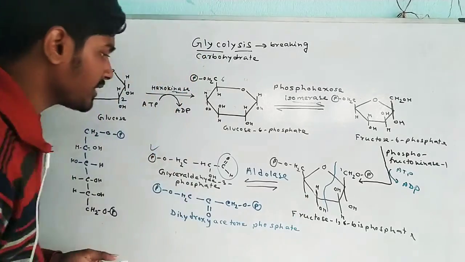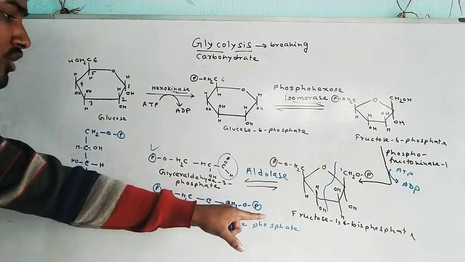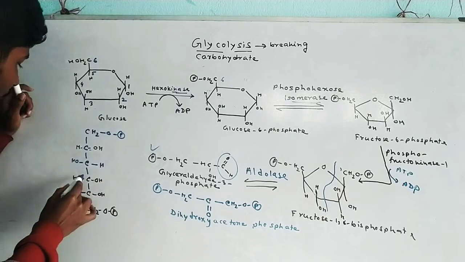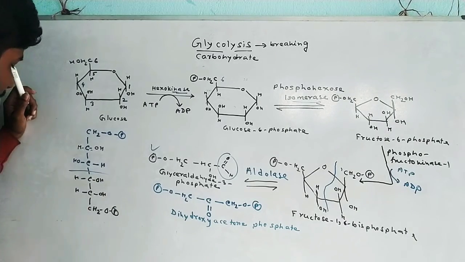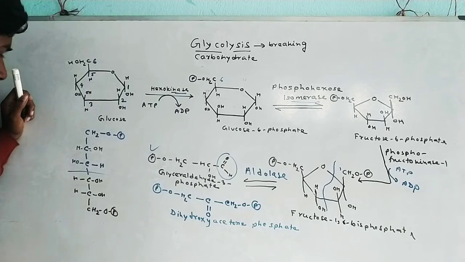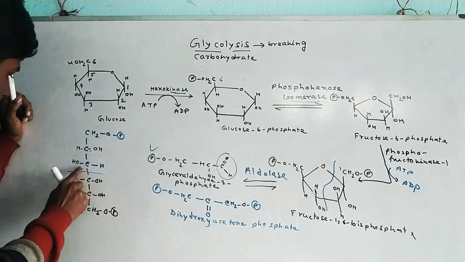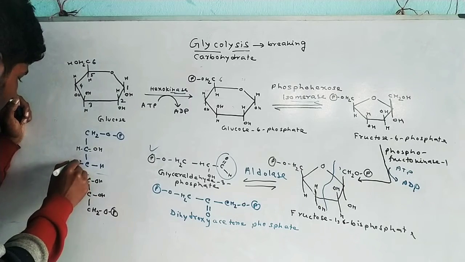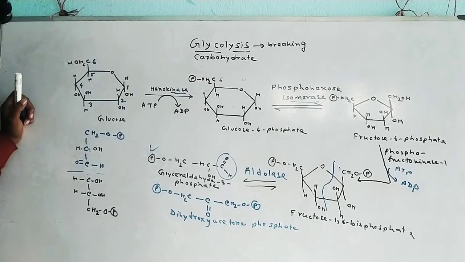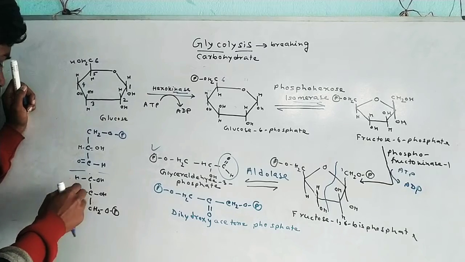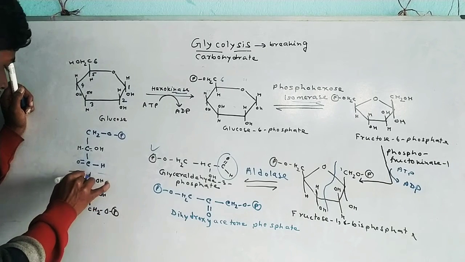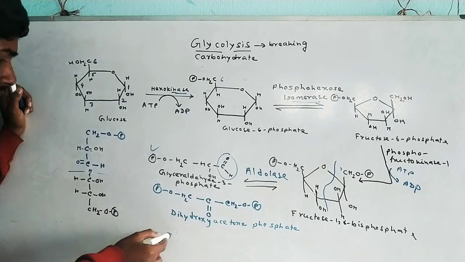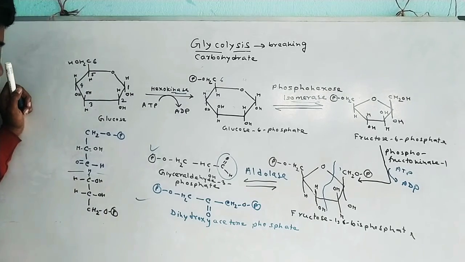Okay, so if you see the open chain structure of fructose 1,6-bisphosphate, here you will see that this portion is clipped, and here an aldehyde group is introduced, and here you can see that this carbon takes another H, forming CH2OH, and this is the structure of dihydroxyacetone phosphate.